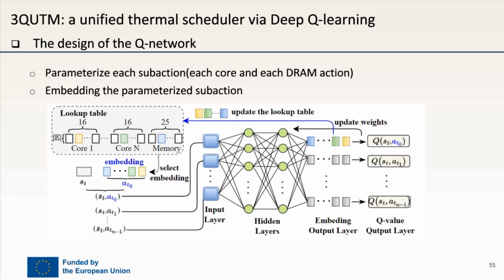Like large language models, which use an embedding space in the hidden space to compress the language tokens, we borrow this idea for this design space, and we also design a very tiny neural network to predict the Q value. The result shows the compaction of the embedding space is effective.